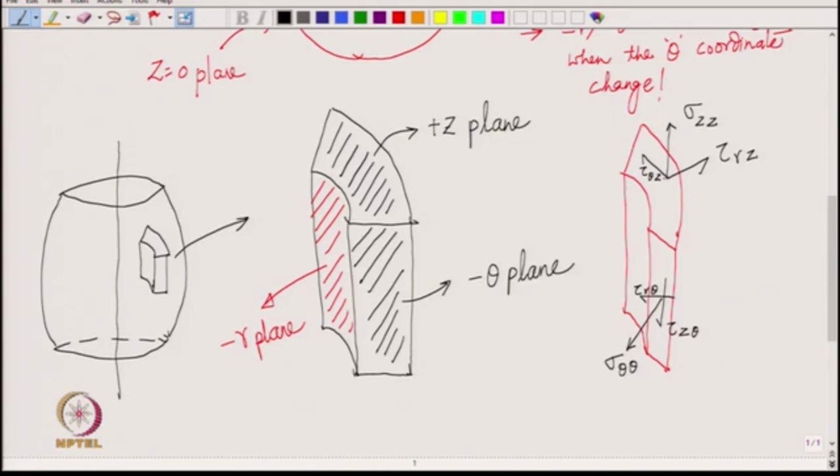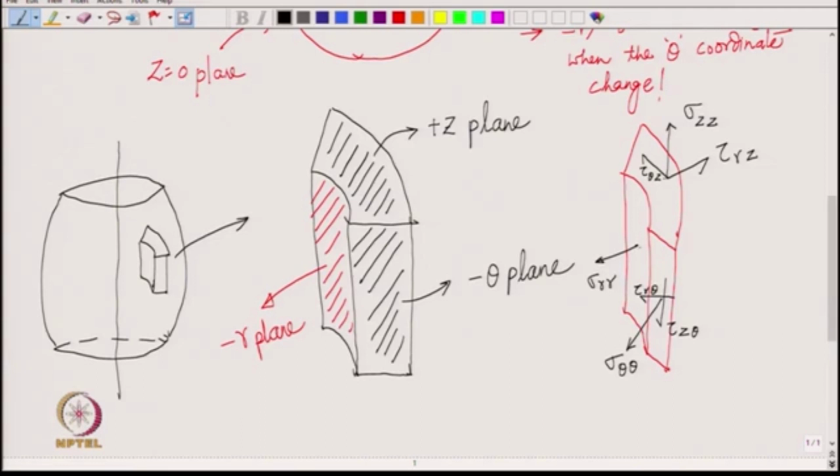Likewise, for the negative E r plane, all the components have to point in the negative direction, that is the convention. So, here we will have sigma r r, right, and then tau theta r in the negative theta direction.